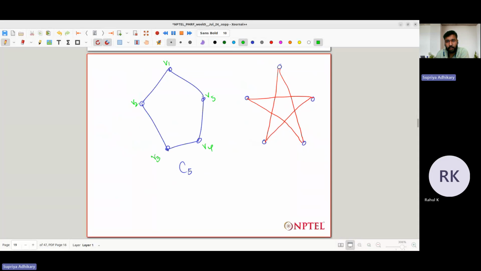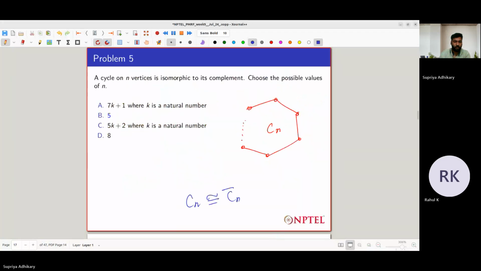Then we can map it like this. This is basically the way that we are mapping the two graphs. So this is our C5 complement. This graph is isomorphic to C5 bar. So for n equals 5, it is possible.